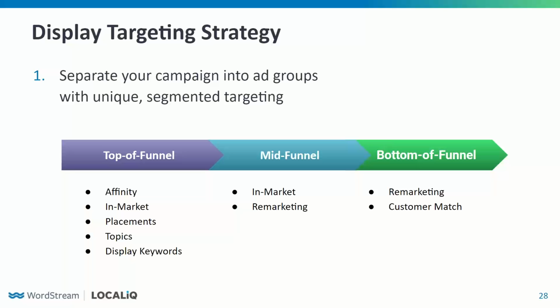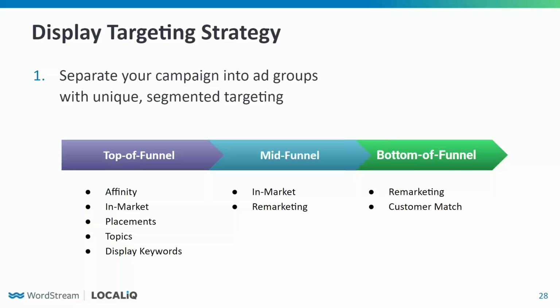Similar to how we would structure a search campaign into segmented ad groups that each have specific keywords within, we don't want to throw every single keyword into just one ad group on a search campaign. We don't want to do the same thing over on a display network campaign. So we should be looking at separating campaigns into multiple ad groups and having each of those ad groups only be targeting one particular targeting option.